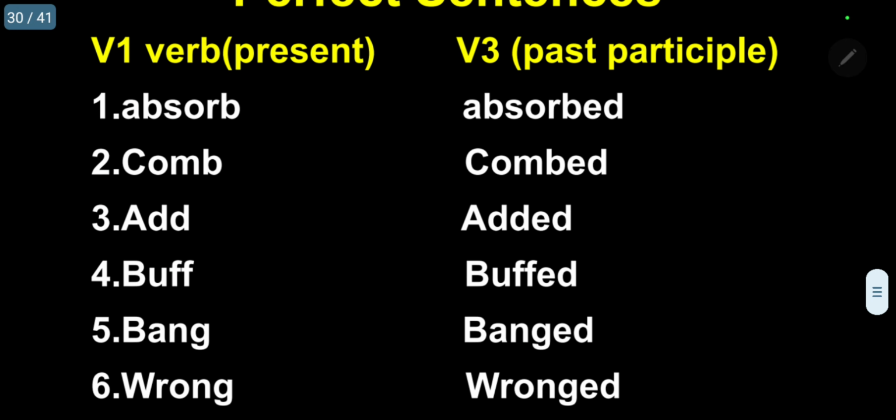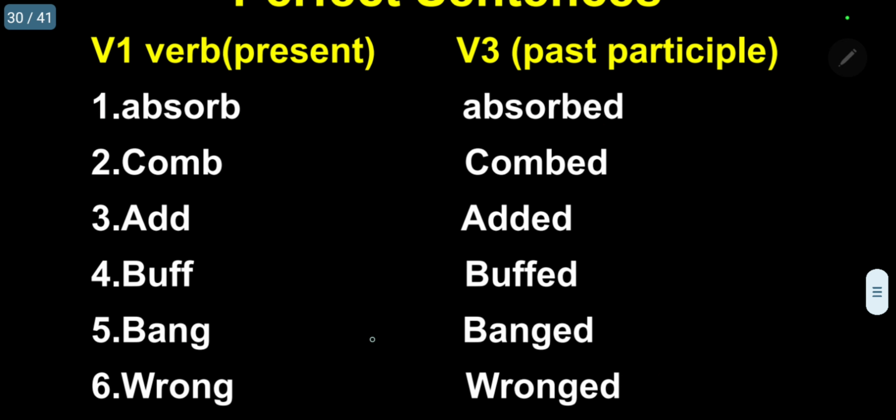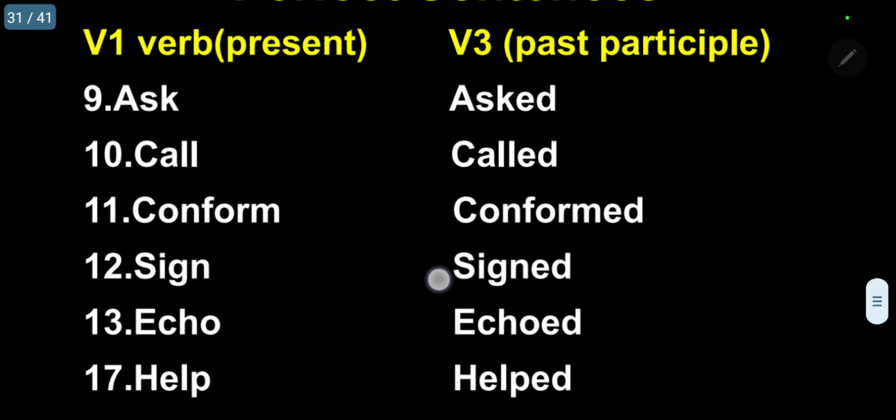Here there are no single vowels; a consonant or 2 vowels will come. Absorb, absorbed, ED. No double B, please follow. Comb, combed. Add, added. Buff, buffed. Bang, banged. Wrong, wronged. The next one continues.